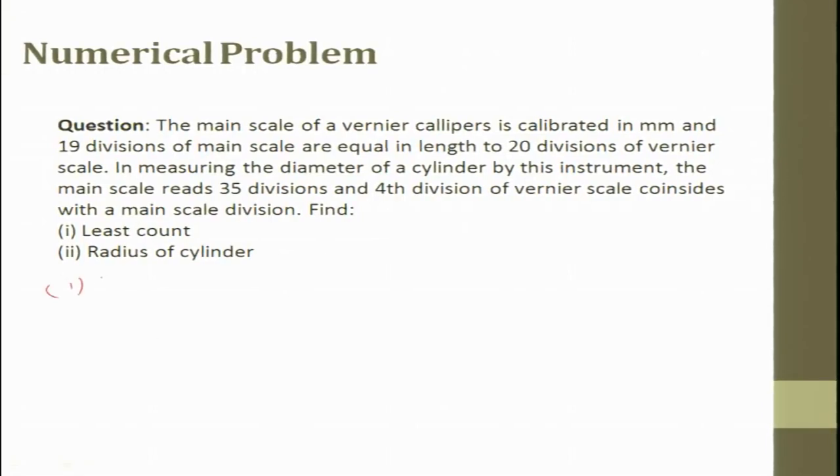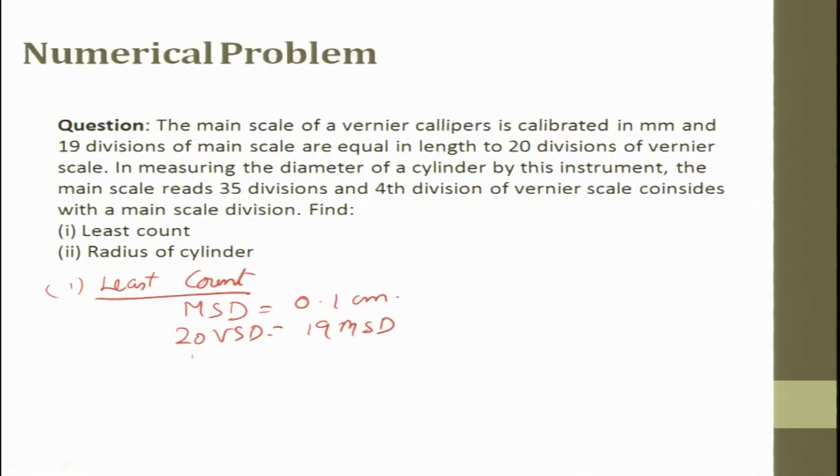So, first let us figure out the least count. Main scale division is nothing but 0.1 centimeter, and 20 vernier scale divisions are equal to 19 MSD. So, VSD is nothing but 19 by 20 MSD, which is nothing but 0.095 centimeter.